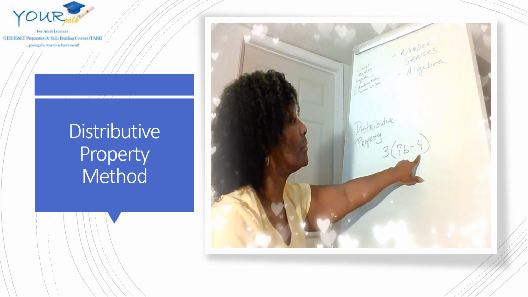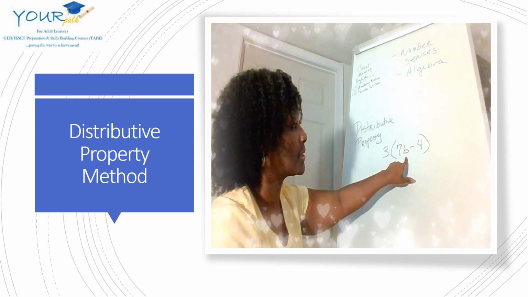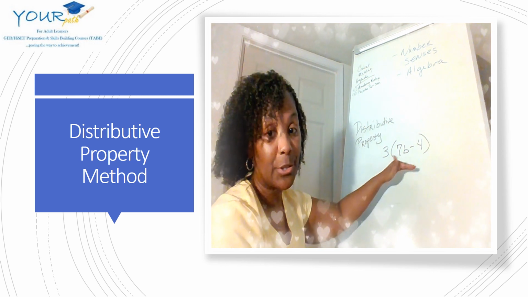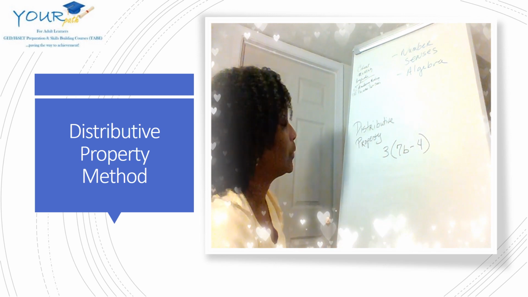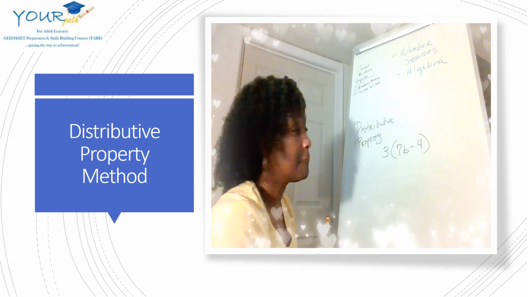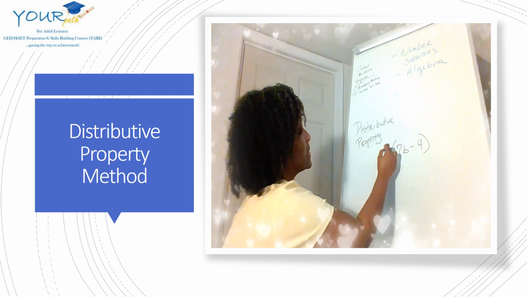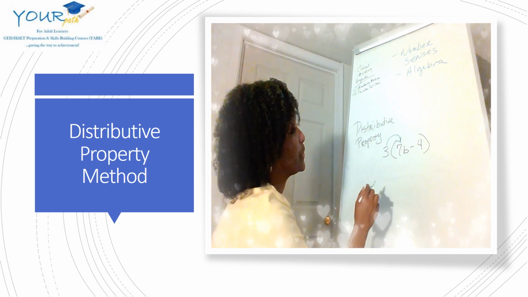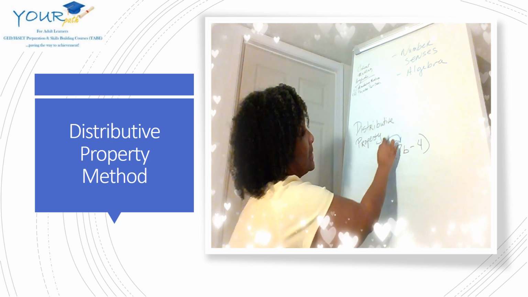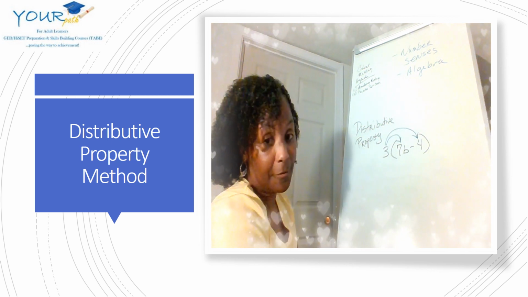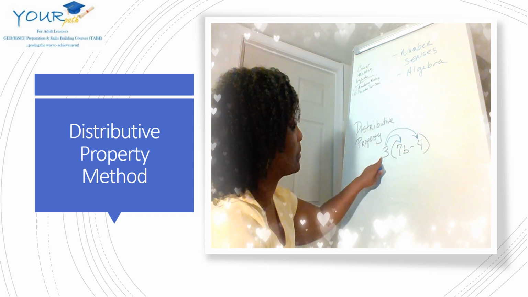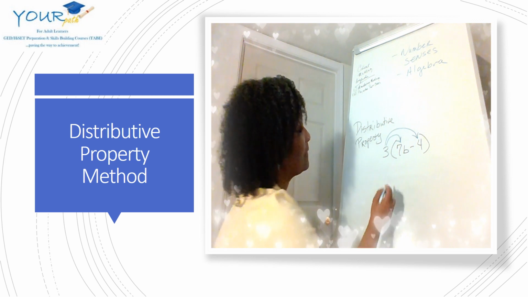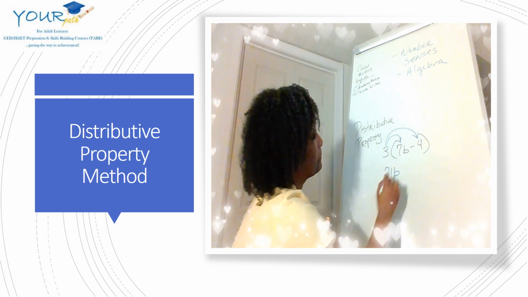But as you see, we do not have any like terms, because 7b minus 4 are not like terms. And so we're going to go right into the distributive method. So here we're going to multiply 3 times 7b, and then we're going to multiply 3 times -4. So here we have a positive 3 times a positive 7b, and that gives us 21b.